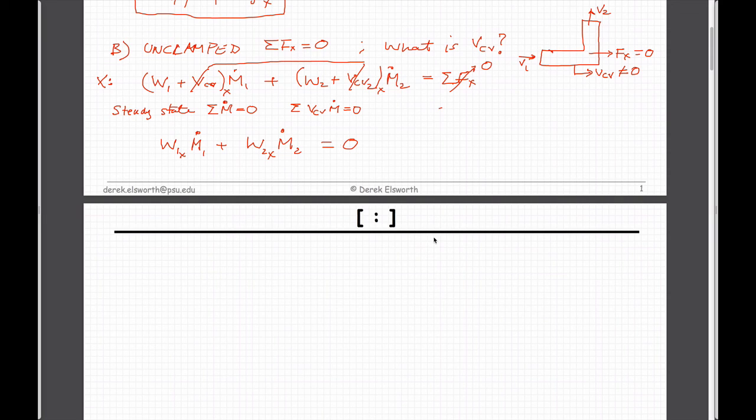What else do we know? We know that mass, so from this, we know, for instance, that the mass flow rate 1 is equal to minus the mass flow rate 2.